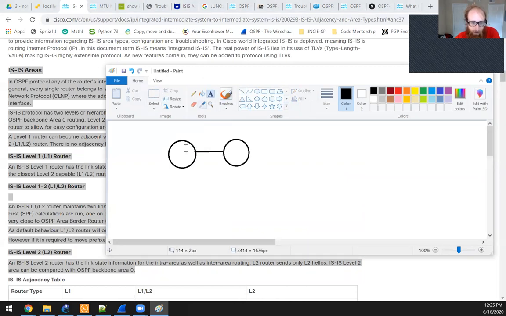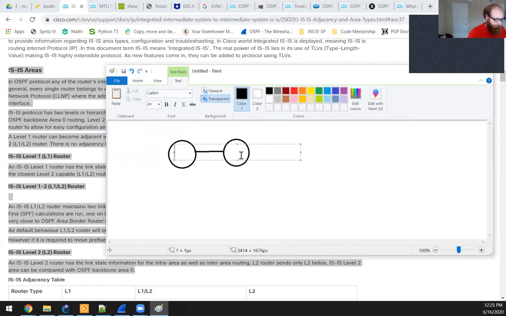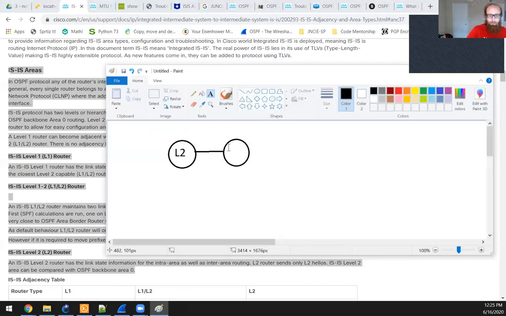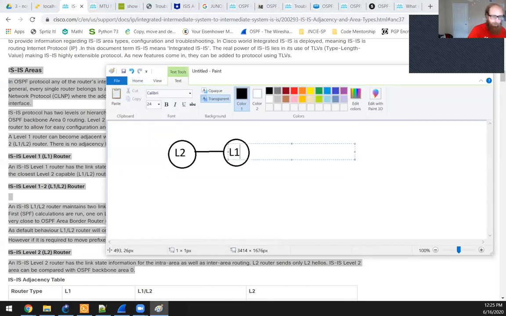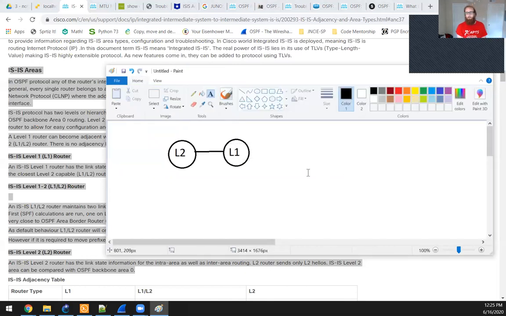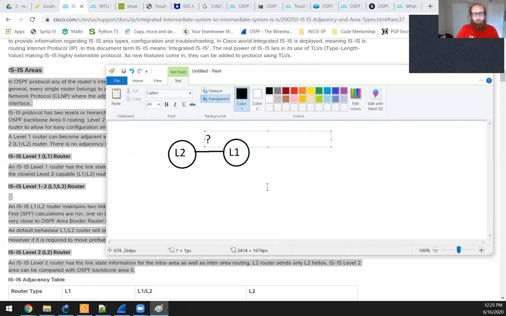So let's say that this is level 2 and that this is level 1. So yes or no, I'll give the countdown after I ask the question: will there be an adjacency between these two routers?